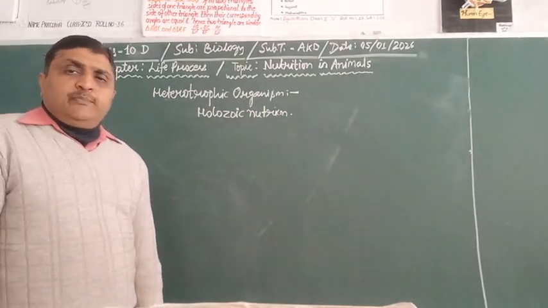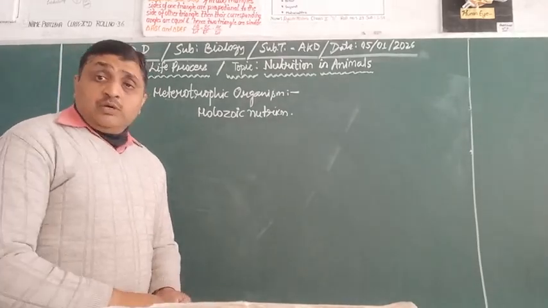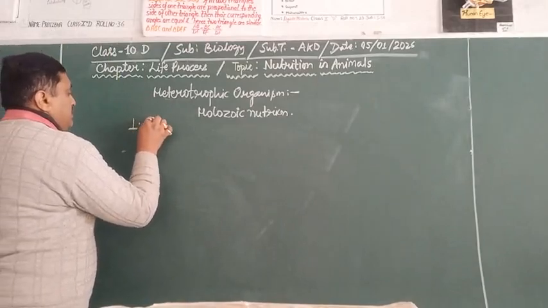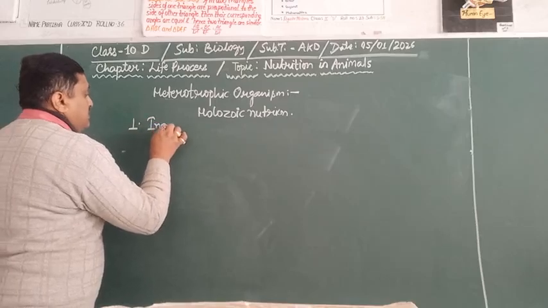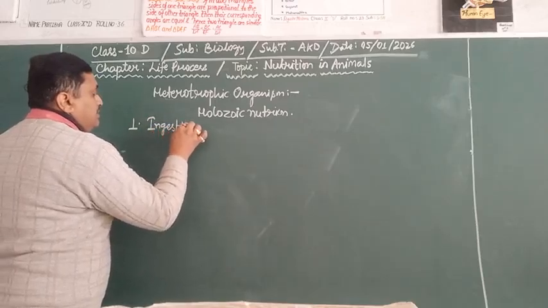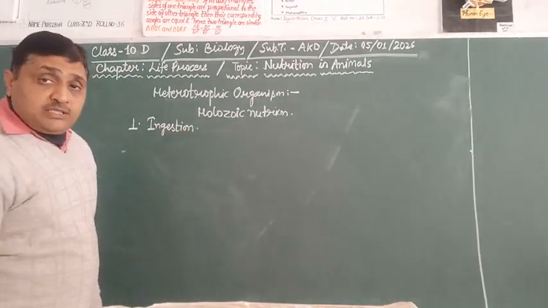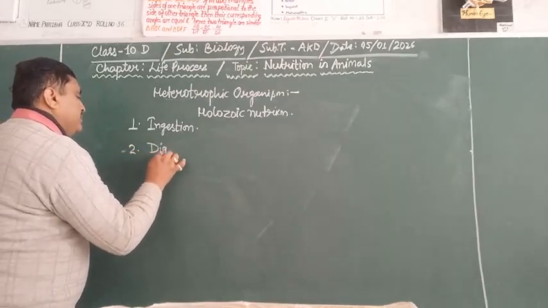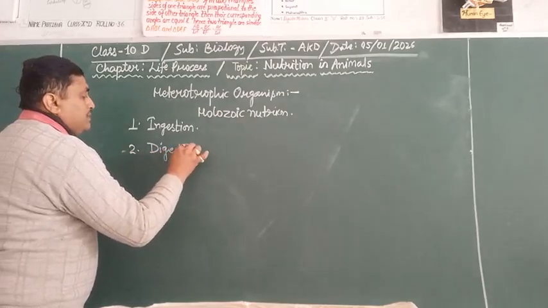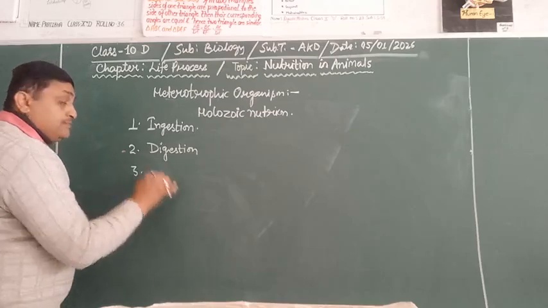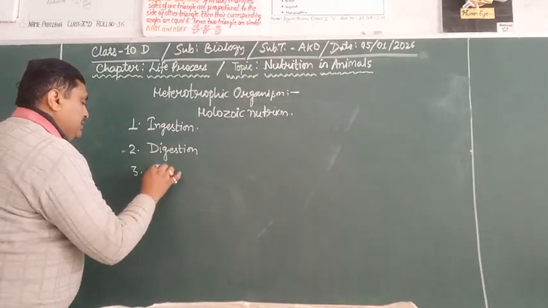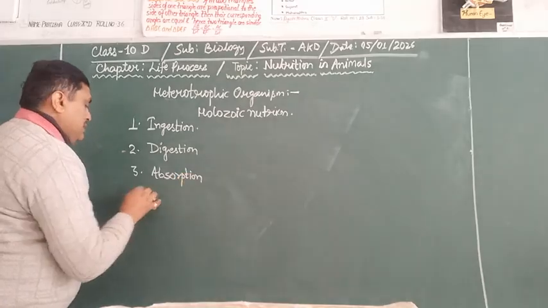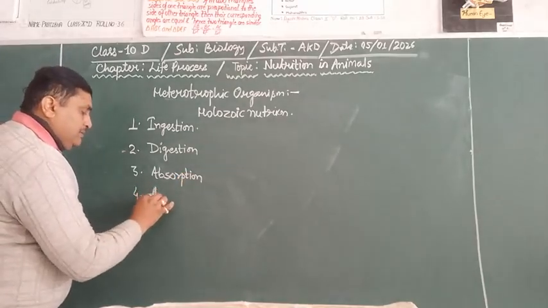Holozoic nutrition is completed in 5 steps. The first step is known as ingestion. The second step is known as digestion. The third one is known as absorption. The fourth one is known as assimilation.